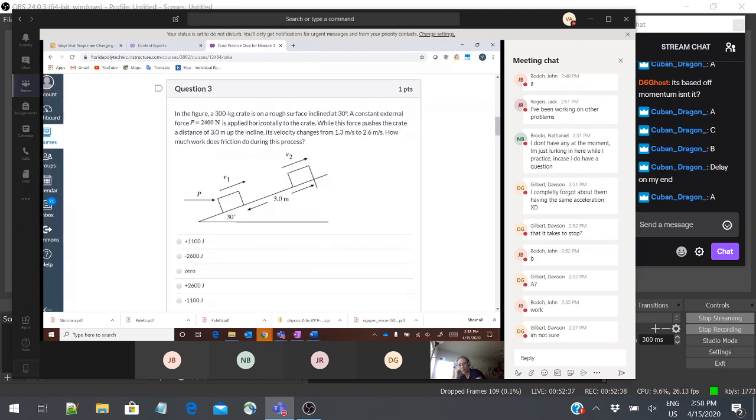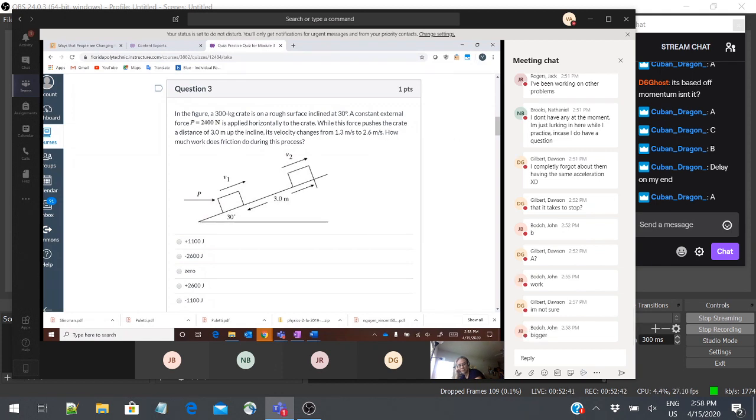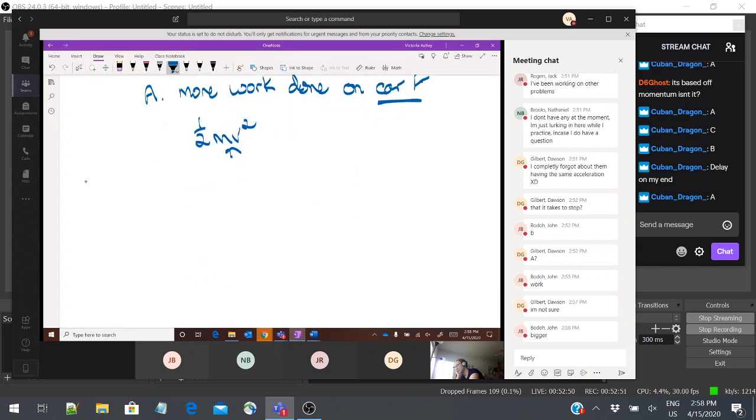Would it be bigger? Would it be smaller? Mm-hmm. It would be bigger because you're clearly losing some energy to friction. Okay, clearly losing energy to friction. What kind of energy?